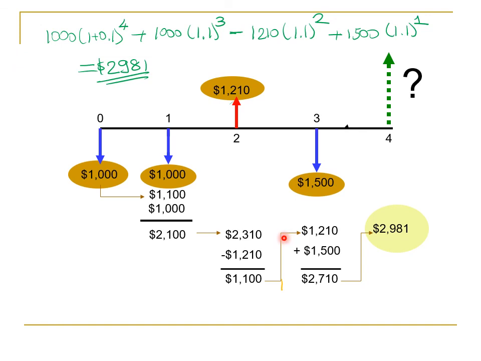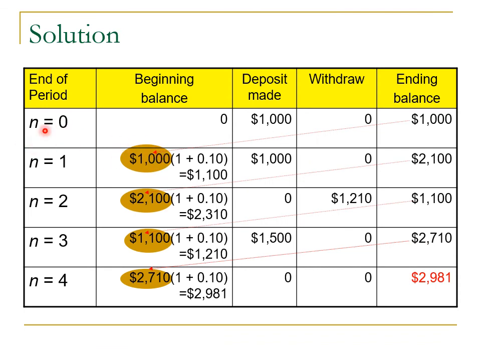Okay, so we will continue our discussion on future and present equivalent values and the time value of money in our next lecture. By the way, this is just a summary of the solution that we already calculated. Currently, at the current time, we deposit $1,000.